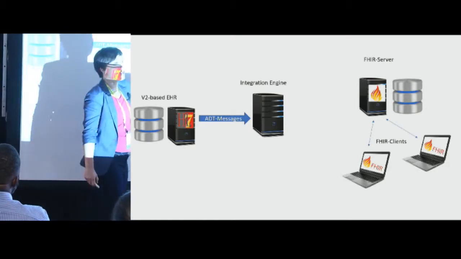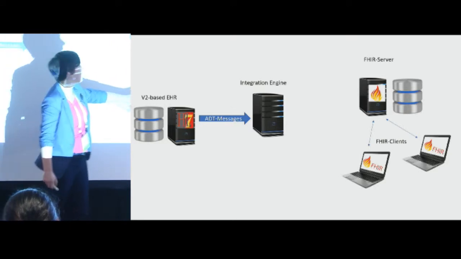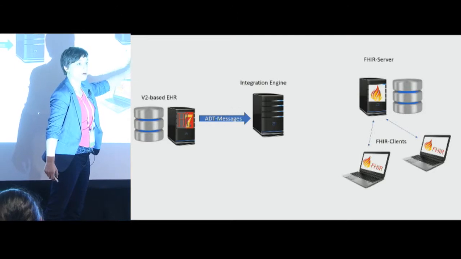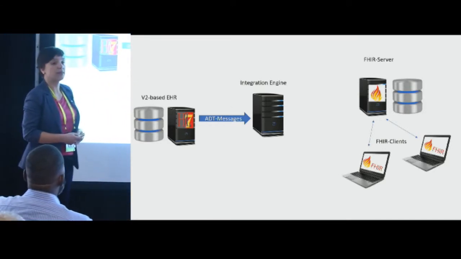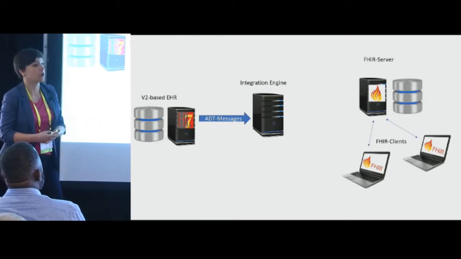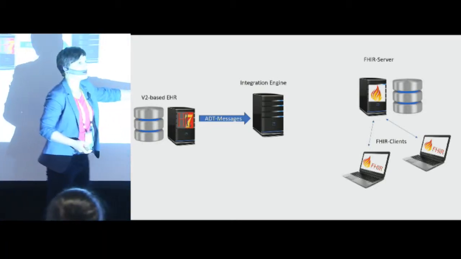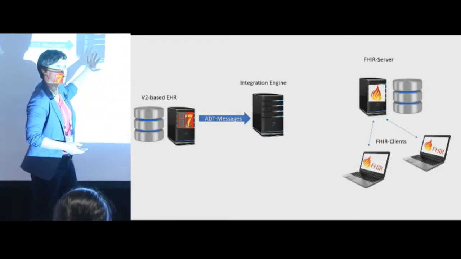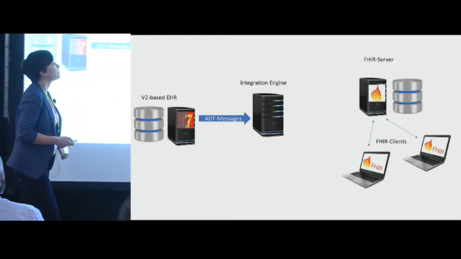And now here's the brand new world, the fancy FHIR apps that everybody wants to use. And maybe they already have a FHIR server that they can communicate with, or you could choose any one of the reference implementation servers, like the Happy server or maybe Monk, that you could use to connect these clients to, but you have to find some way to populate these servers with the patient demographics so that these apps can use this data.